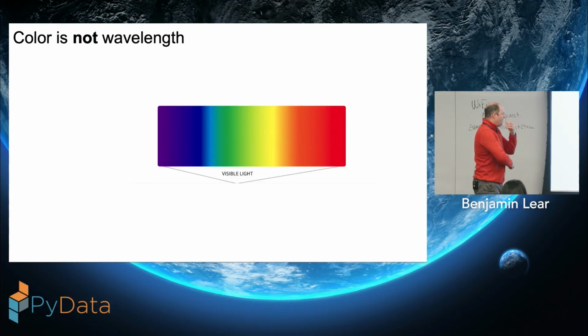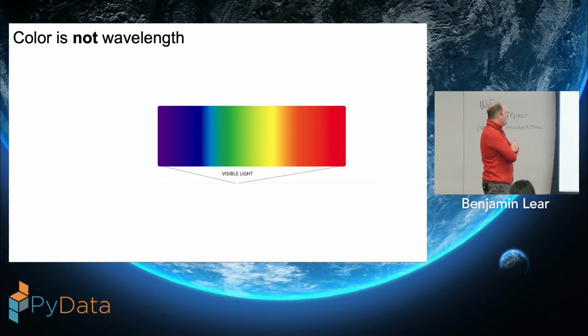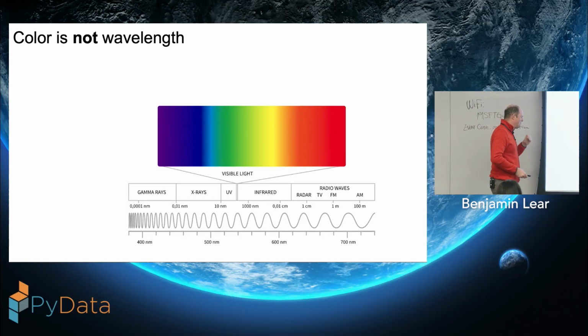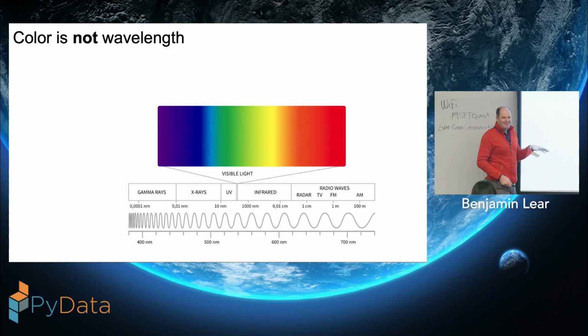Okay, another thing I had to learn being a scientist: I came into thinking about color, and probably one of the reasons I was very confused about color is that I used to think color and wavelength were the same thing, and they're decidedly not the same thing, right? I don't know how many of you have taken a science class, but this is so common, right?